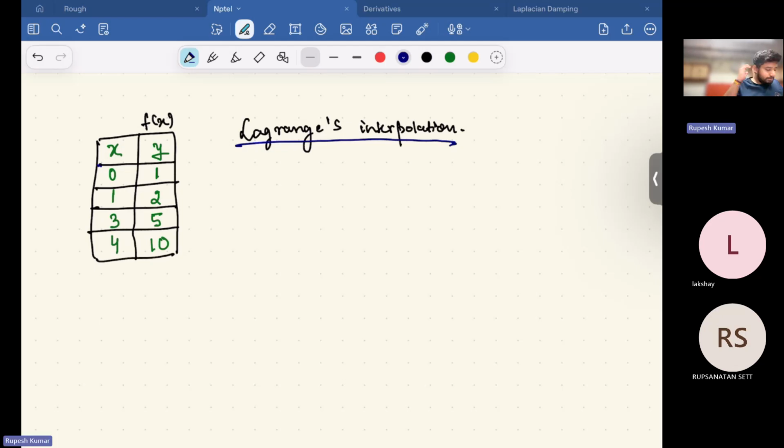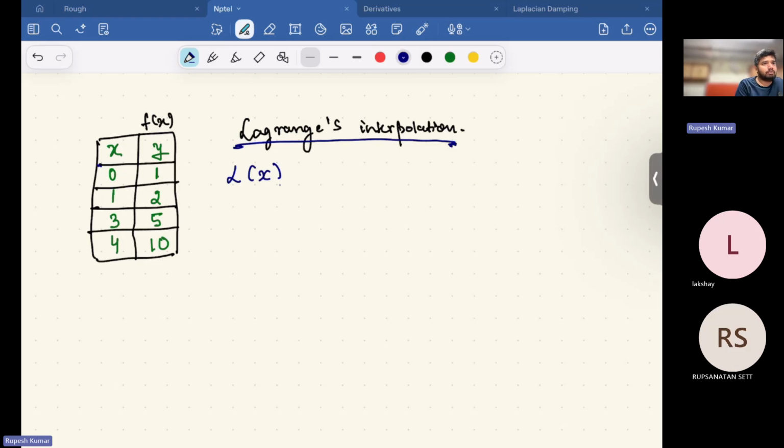Lagrange interpolation says you can fit a polynomial to a set of data points using an interpolation function that uses Lagrange's polynomials, right? So in the basis of Lagrange's polynomial, right?